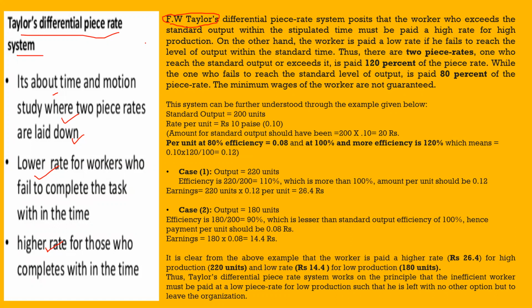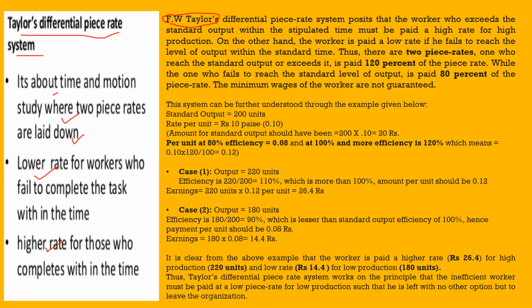If they are not working better, they should be paid less. If they are not willing to stay in the organization, they can leave. Those who are working well should be retained by paying more. That is the thought behind this presentation of the differential piece rate system.